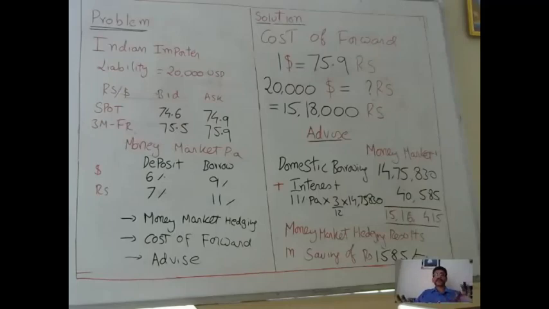Put together, your total cost in money market hedging is 15,16,415 rupees. So ultimately, if you go for money market hedging, you have a saving of 15,18,000 minus 15,16,415. The difference of 1,585 rupees is going to be your savings. That's the way you have to analyze and do your money market hedging.